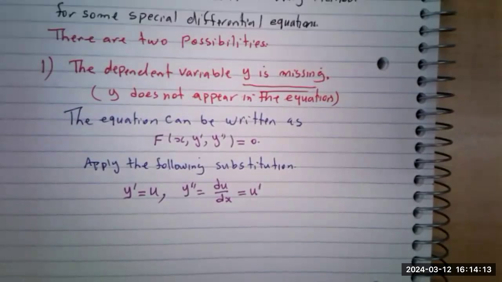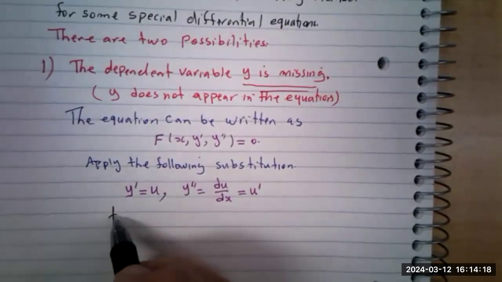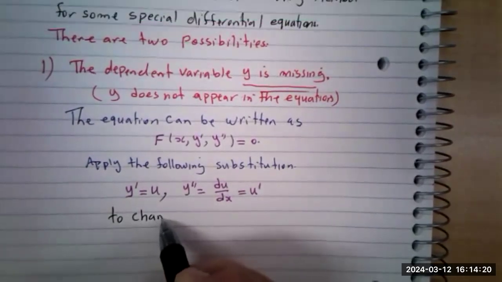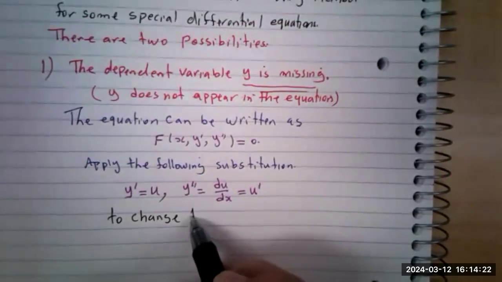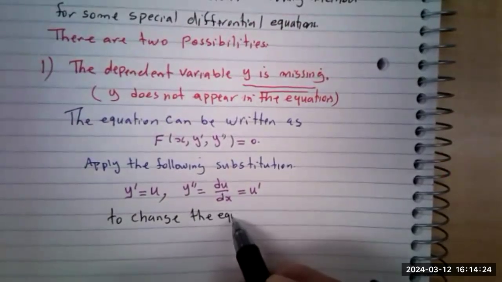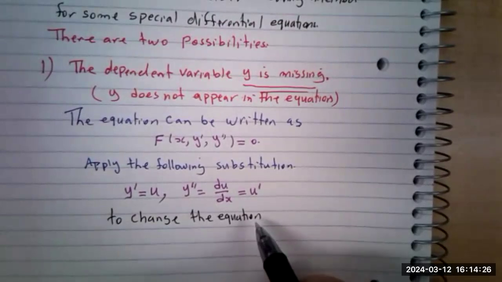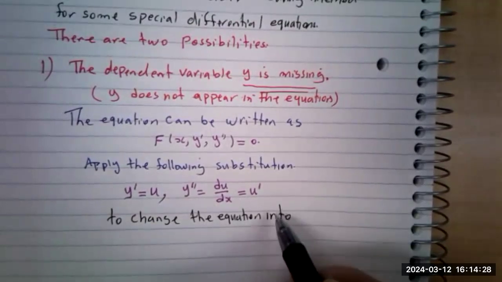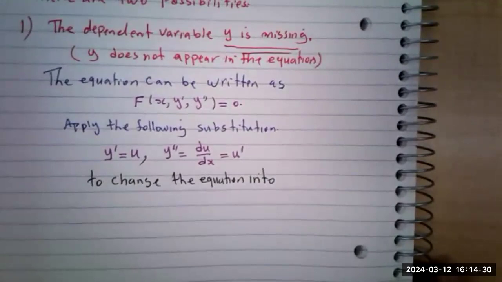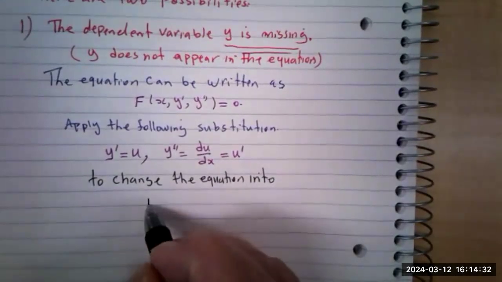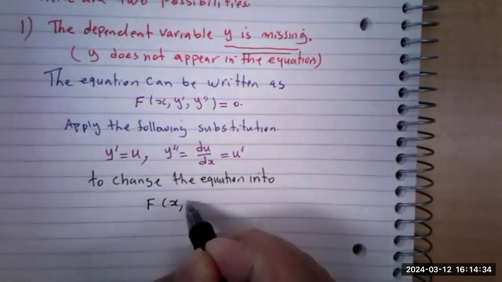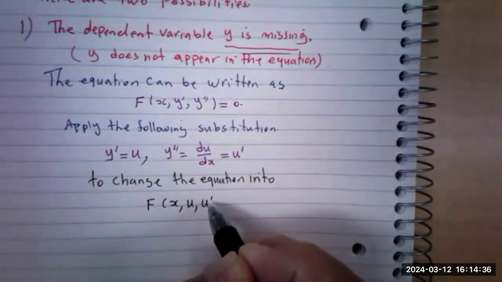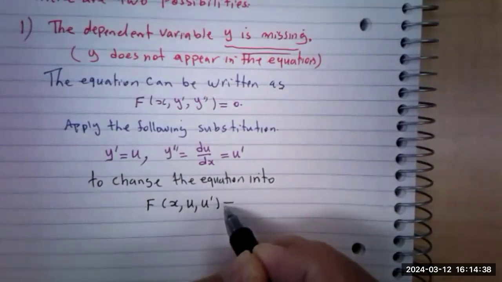So apply the following substitution to change the equation into the following form. The new format would be f of x comma u prime equal to this.